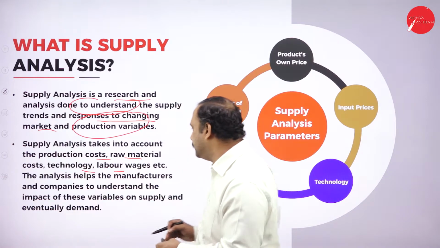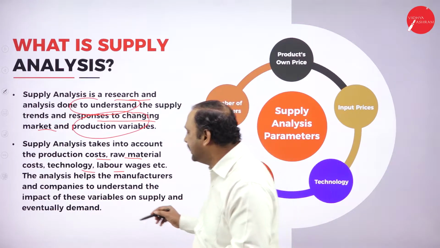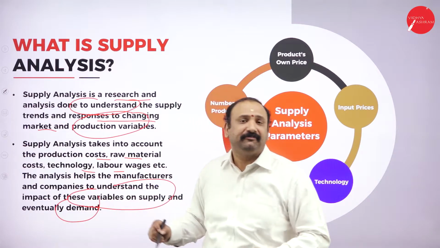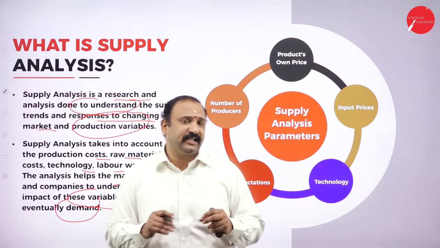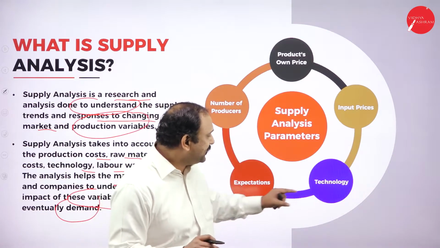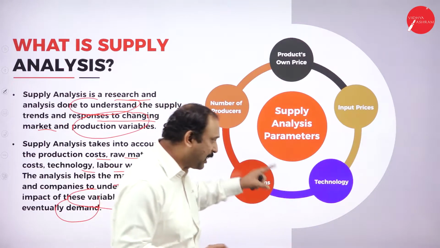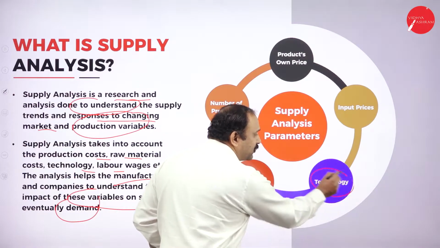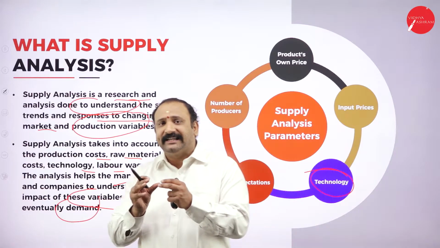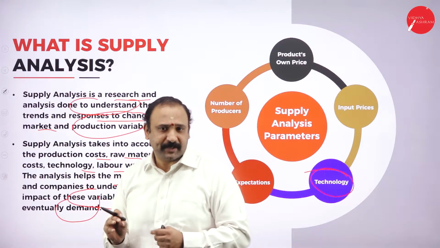And the most important thing which I would like to say here is that the variables of supply eventually lead to the demand factor, which means there are a lot of variations coming in today, technology being a very, very important factor here. I would like to mention a word on this technology factor. Why? Because technology is actually the game changer when it comes to supply.